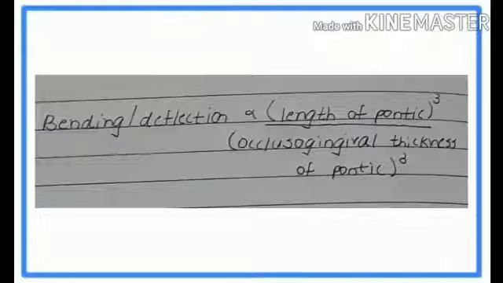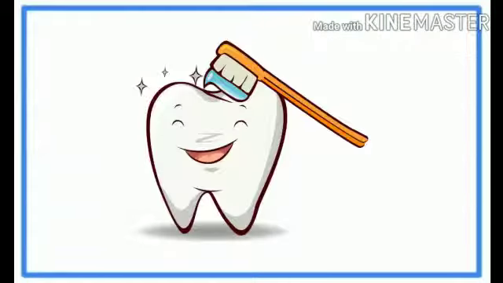That means if there is one pontic in an FPD, it's 3 times more prone to get bent. If the FPD has 2 pontics, it is 8 times more prone to bend. So is it clear?